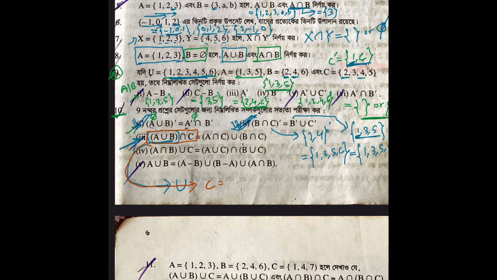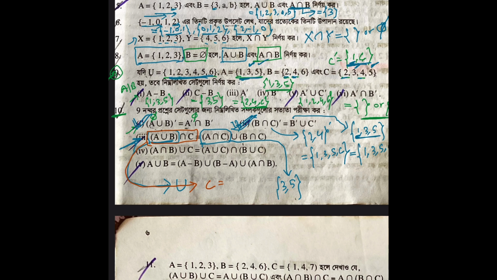Now A intersection C. In A intersection C, we have 3 and 5.